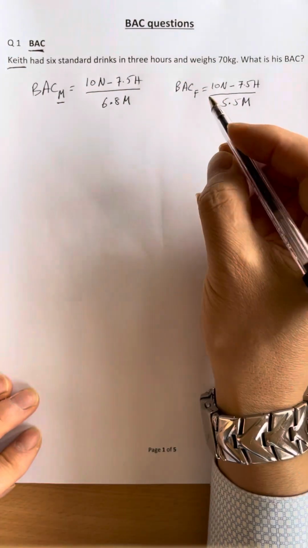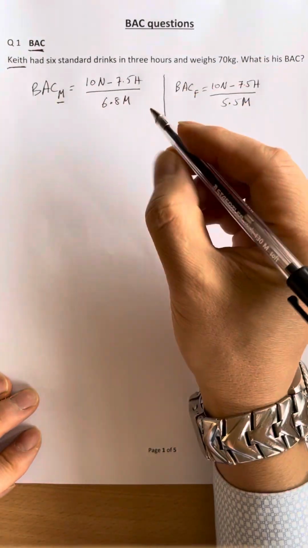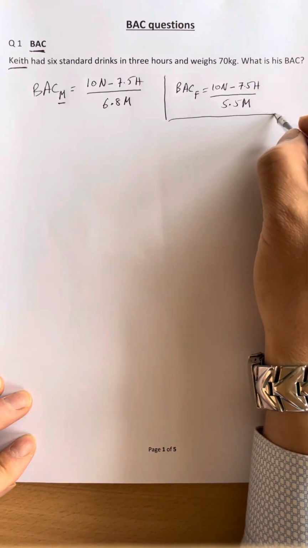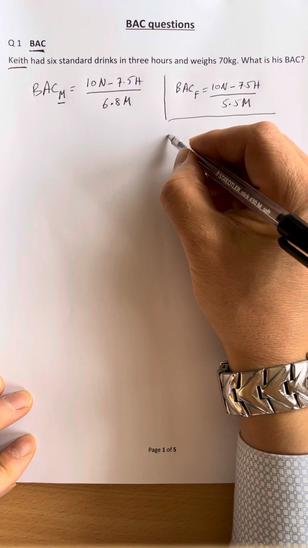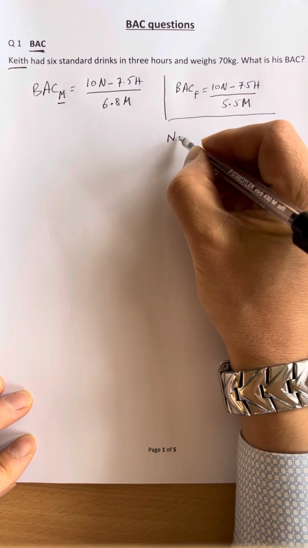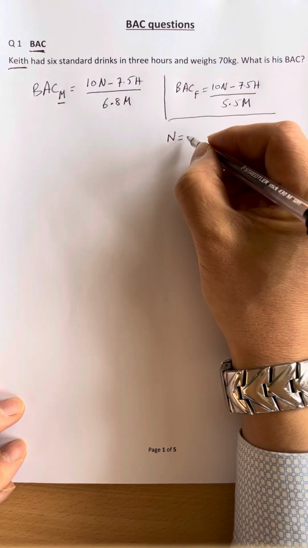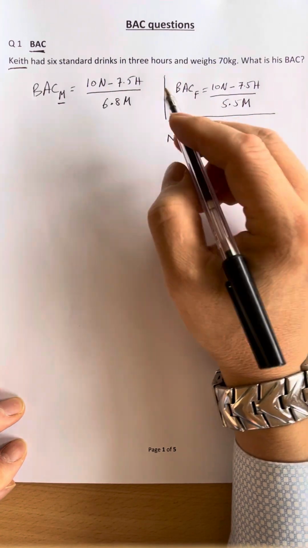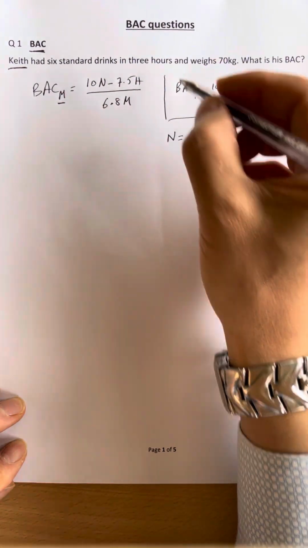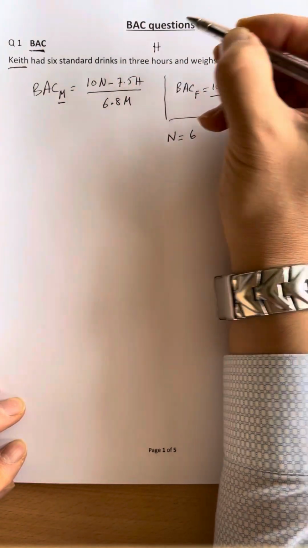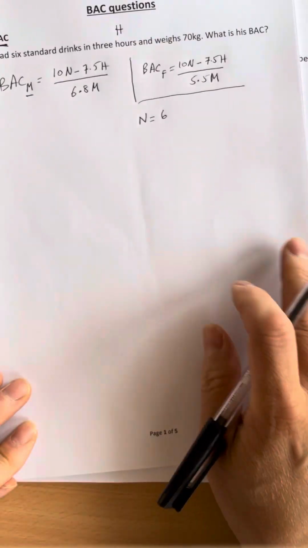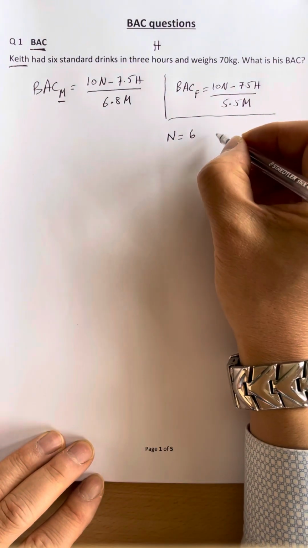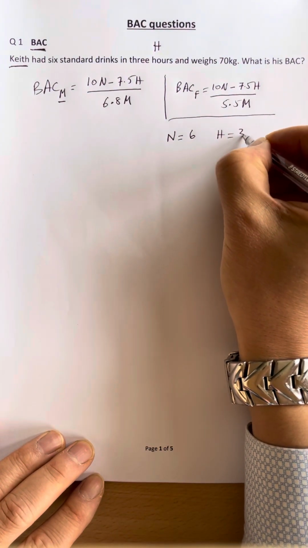So you quote the formula, then you write down what you have got on the side. He's got 6 standard drinks, so n is the number of standard drinks, so n equals 6. And in 3 hours, that's your h, number of hours spent drinking, so h equals 3.